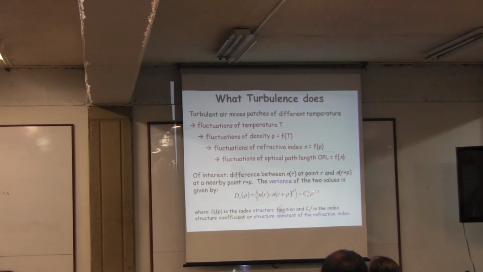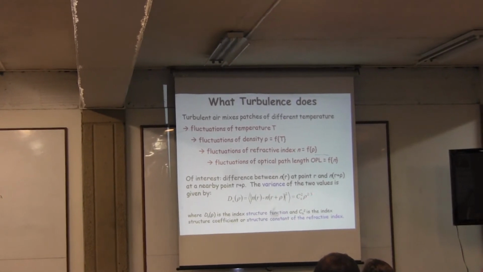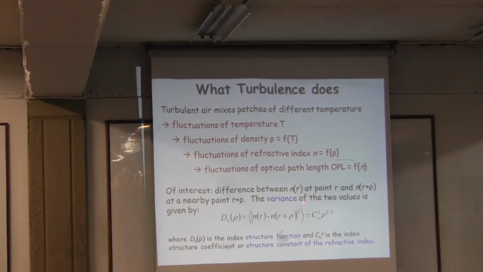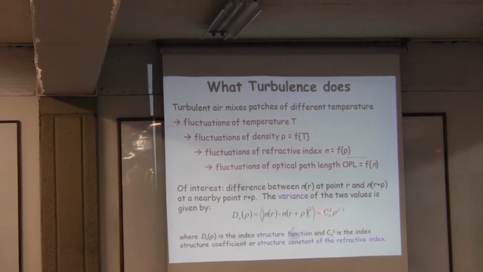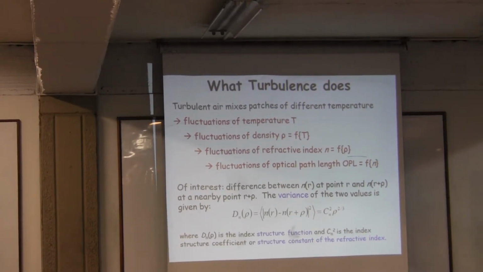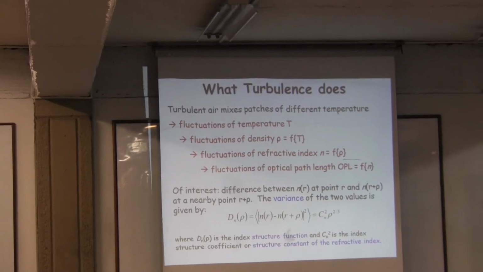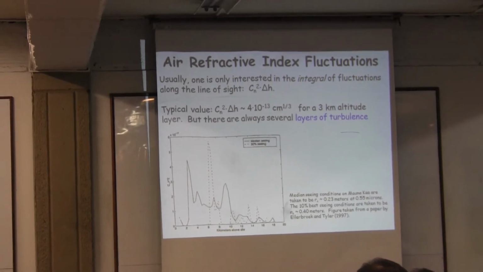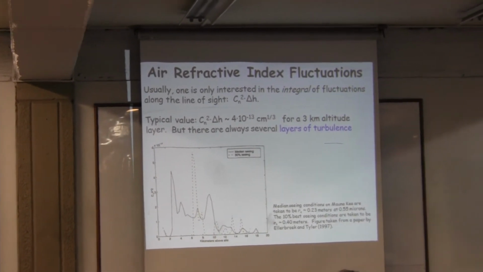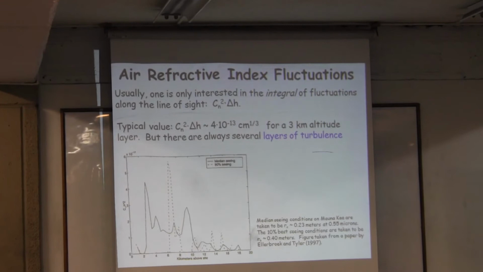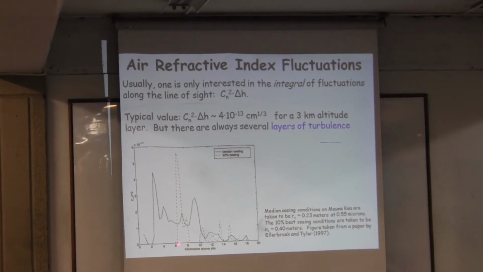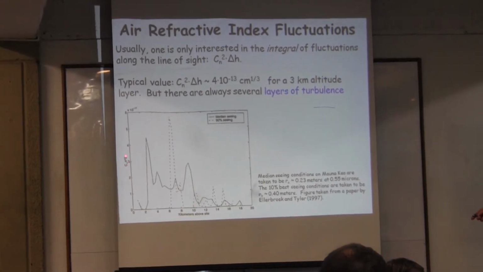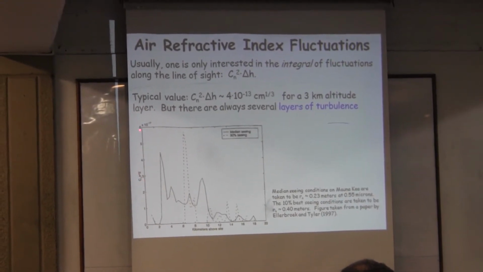Don't worry about this rho to the two-thirds here. The main point is that this quantity here is the Cn squared. That's something that can be measured. And how exactly this can be measured is a topic that's too difficult for you. People just measure it. And what I show you here is actually a measurement of this Cn squared profile.